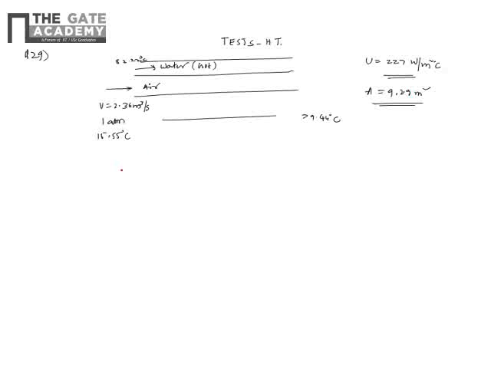Well, heat transfer rate, how much has been transferred from the water, since water is hot, to the air. Now we know the inlet and outlet temperatures of the air.